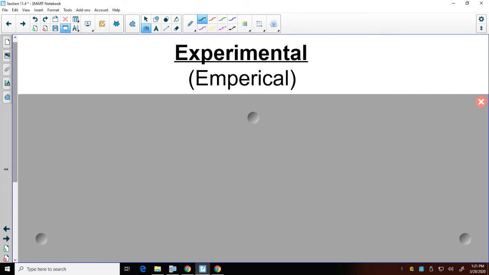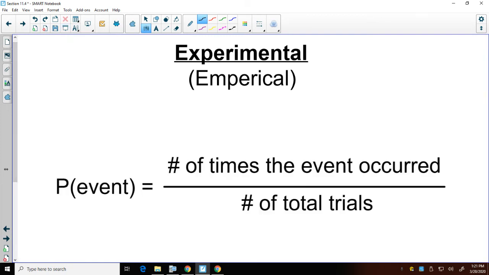All right. So, experimental probability is a lot like theoretical. Again, it's the same notation, P with your event, but this time on top is the number of times the event actually occurred. So, whatever your event is, the top number is the number of times it actually happened. The bottom number is the total number of trials.